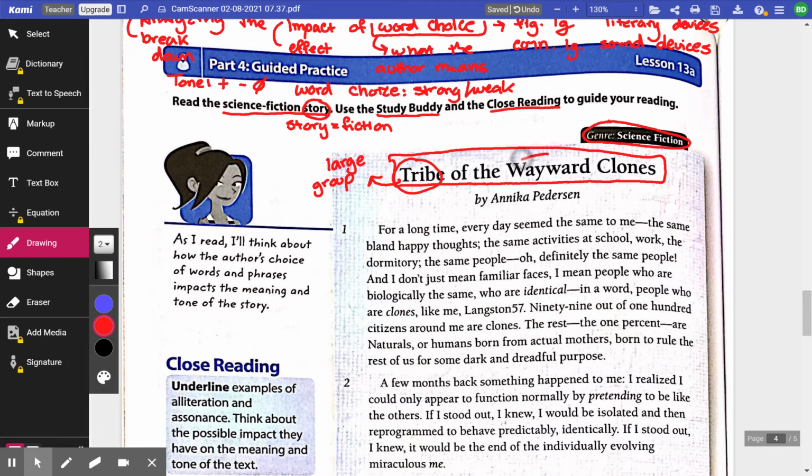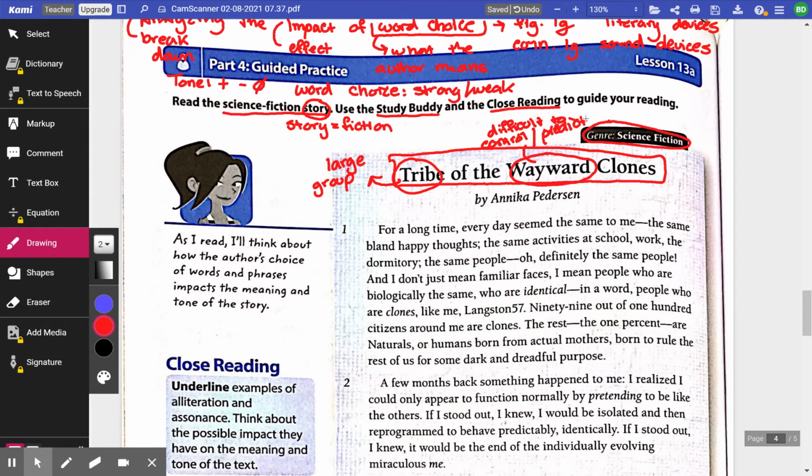Next, I have this word wayward. So, wayward means that something is difficult to control or to predict. So, I've got a tribe of wayward clones, and I know that they must be difficult to control or predict in some way.